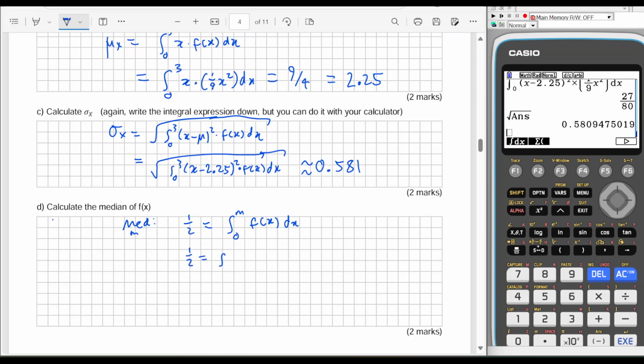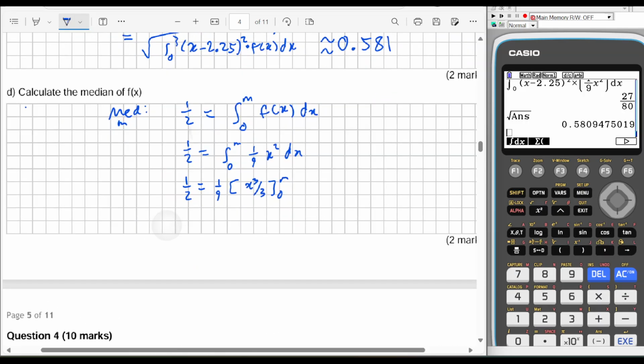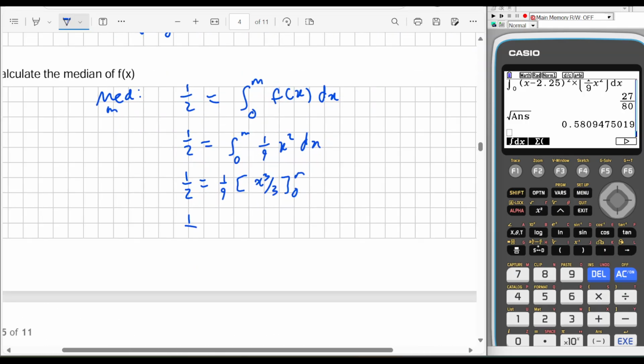So 1/2 is the integral from 0 to m of 1 over 9 x squared dx. And then we can just step out what this is. So I'm going to go 1/9 out the front, but this is x cubed over 3 from 0 to m. And we can also pull out the over 3. So a half is 1 over 27 lots of x cubed from 0 to m.